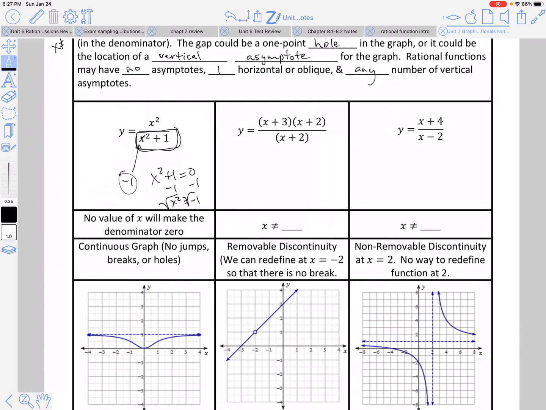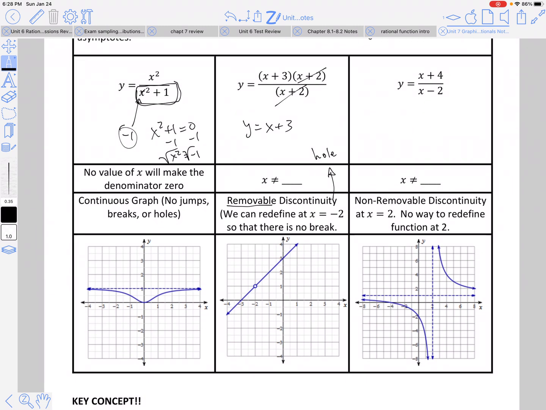All right, removable discontinuity. So it's not continuous, but removable. If you think of something that's removable, it can be there or it can't. This is a hole. It's basically when we can cancel out because it's held together by multiplication. So if you notice the graph, it's just like x plus 3 where we have our slope and our y-intercept. But if you look here at -2, you see a hole.